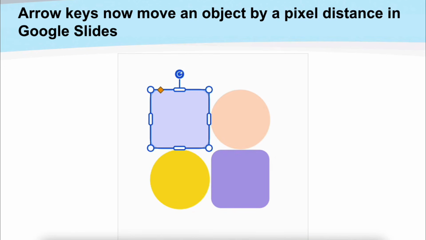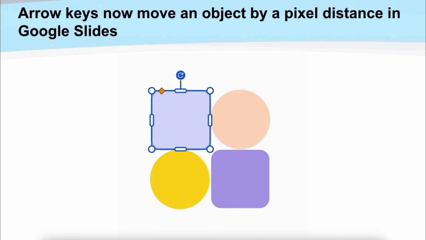Okay, this is a funny one, but I actually think it's really great to know about. If you've been working in Slides recently, you'll notice you can have pretty granular control when moving an object. Previously, when you clicked on an object and hit the arrow keys on your keyboard, it would move the object by a number of pixels, in larger chunks.